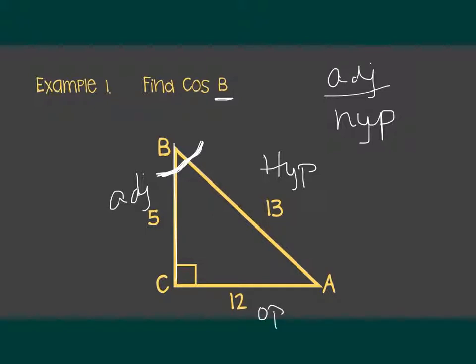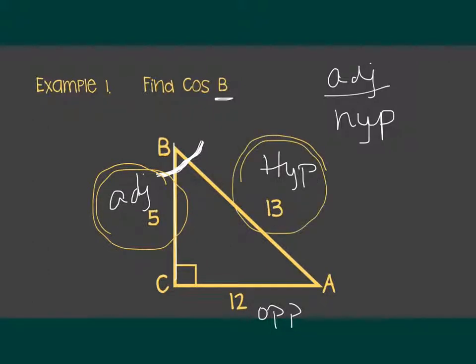My opposite is across the triangle from my angle. From what we looked at earlier, cosine is adjacent over hypotenuse. So I need the adjacent. I need the hypotenuse. So the cosine of angle B is my adjacent side, which is 5, over my hypotenuse, which is 13.